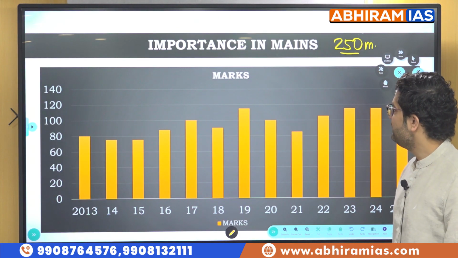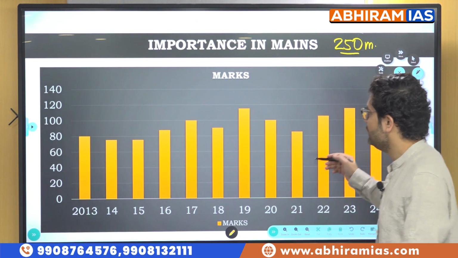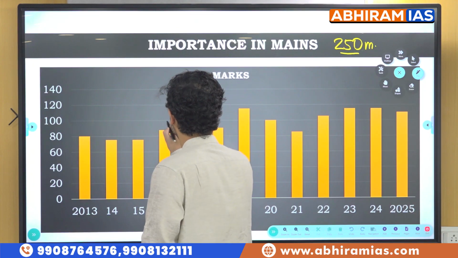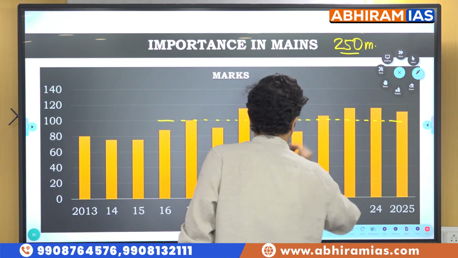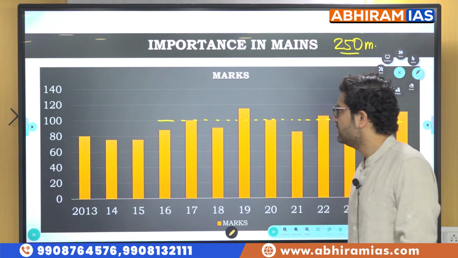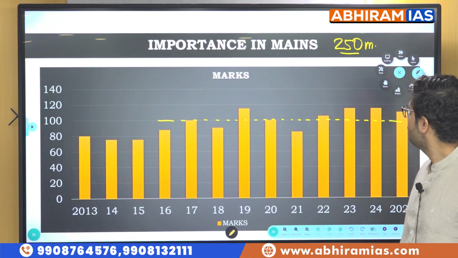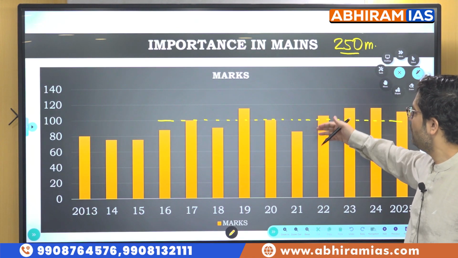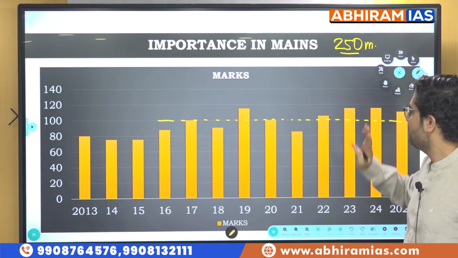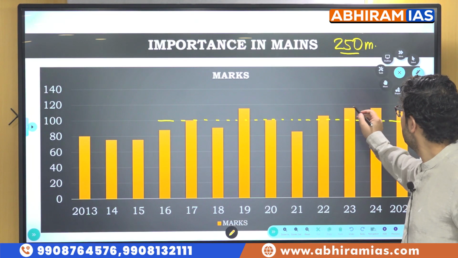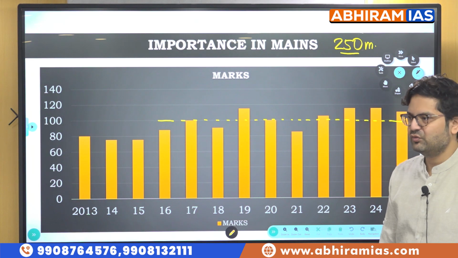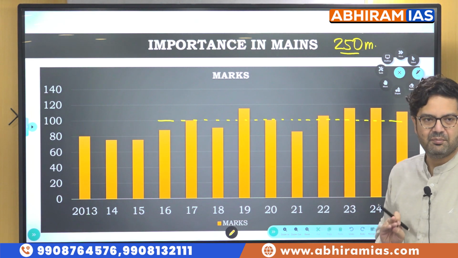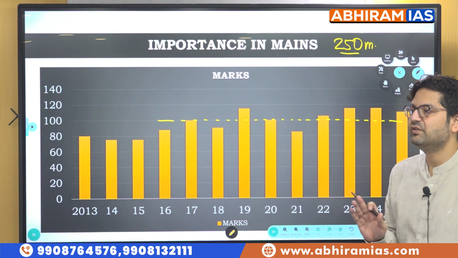Out of which, you can see very well in the last few years, we have consistently seen questions worth more than 100 marks. In fact, 115 marks, 110 marks questions. So please expect more than 100 marks of questions in your GS mains exam from polity and constitution.